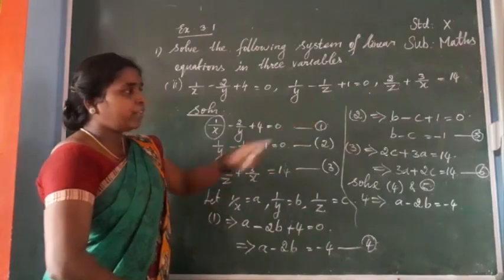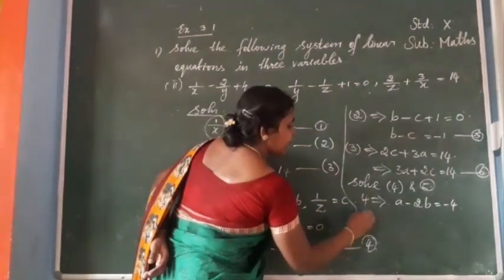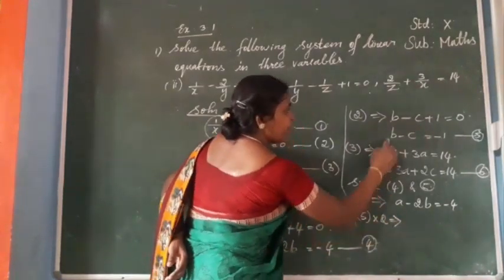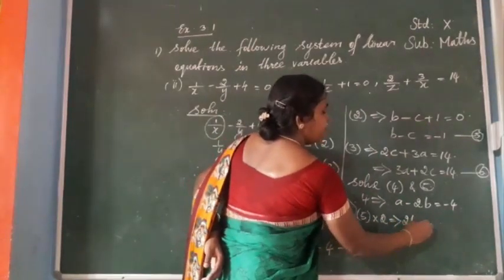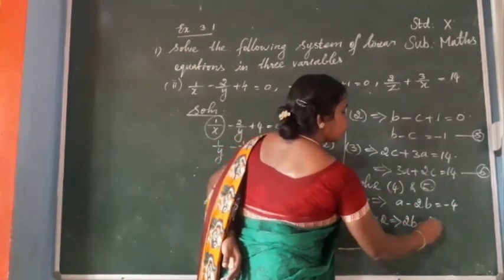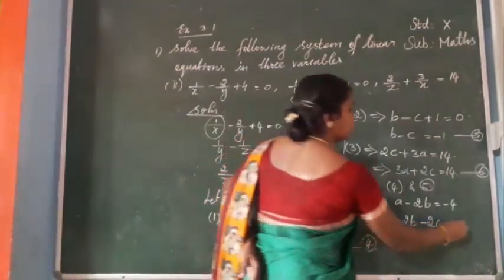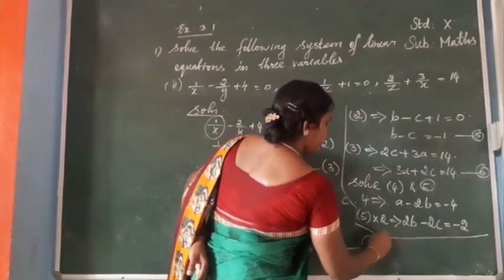Next, the fifth equation we multiply by 2. So 2 into b is 2b, minus c into 2 is 2c, equal to −1 into 2 is −2. Now we have to add or subtract.